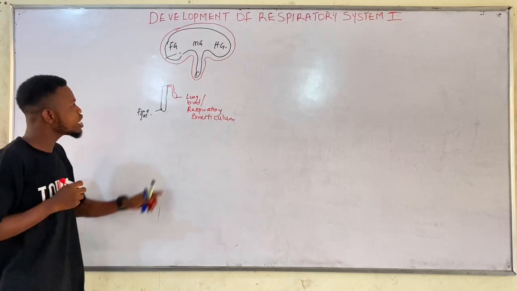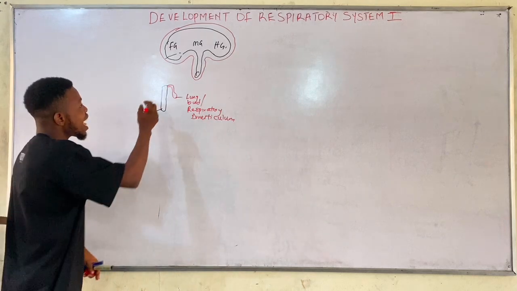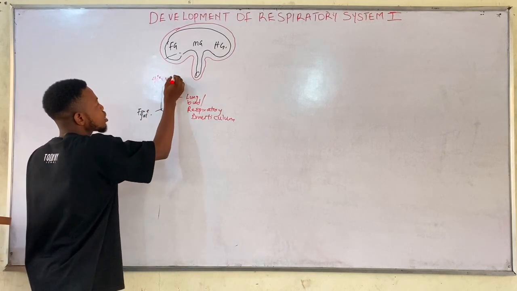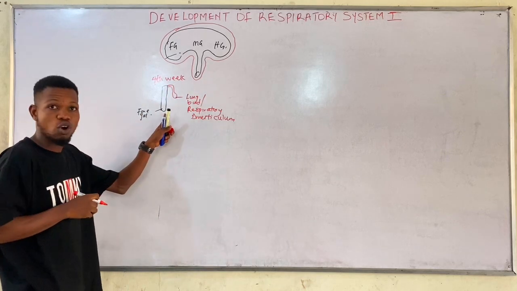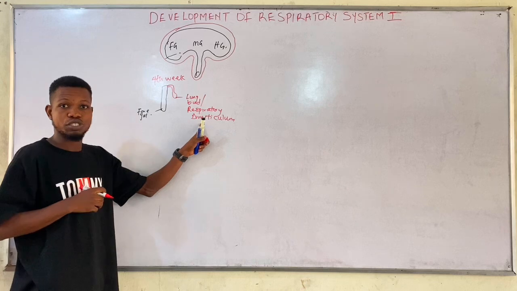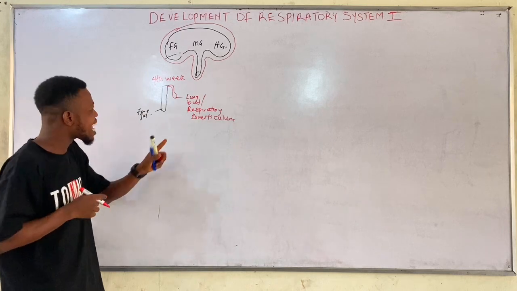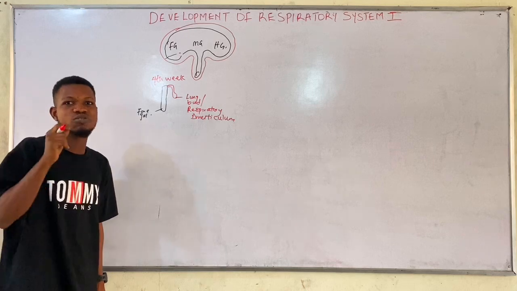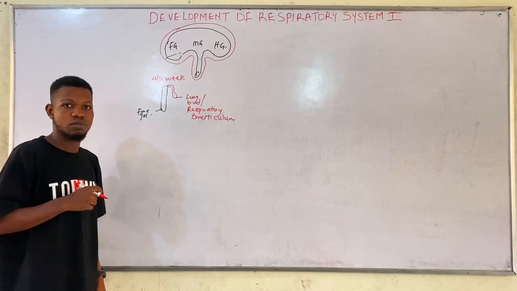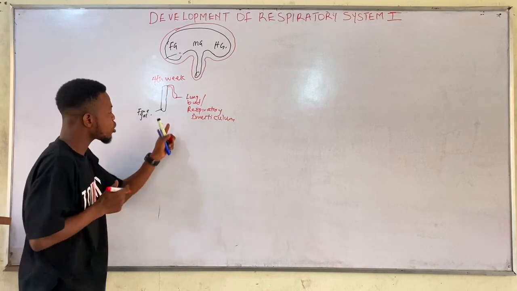This occurs at the end of the 4th week. Though there is something that signals the bulging off of the respiratory diverticulum, we call it retinoic acid, secreted by the mesoderm.